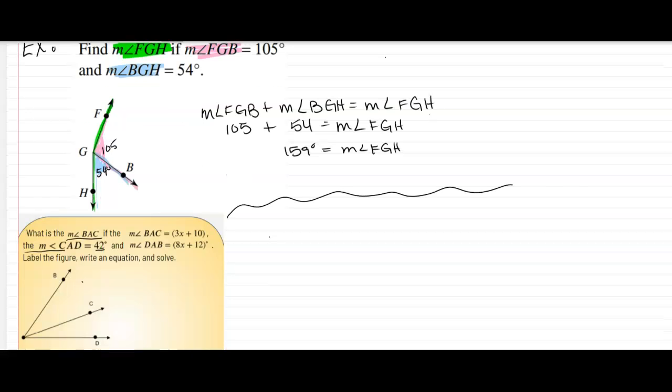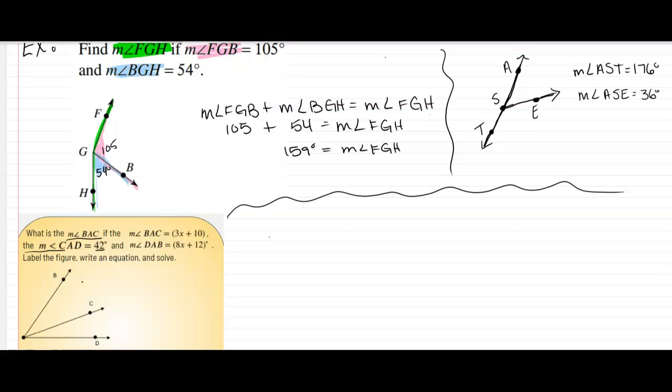Now there will be a case where you have an angle measure where, let's say, they give us this problem here where we have the measure of angle AST, this larger angle, is equal to 176 degrees.